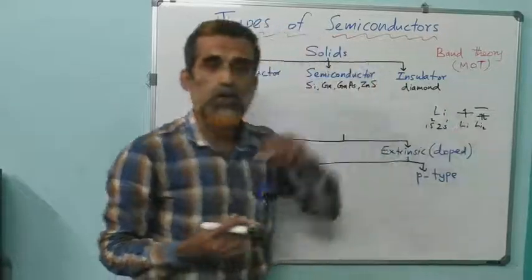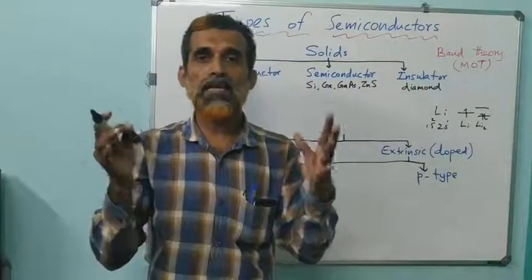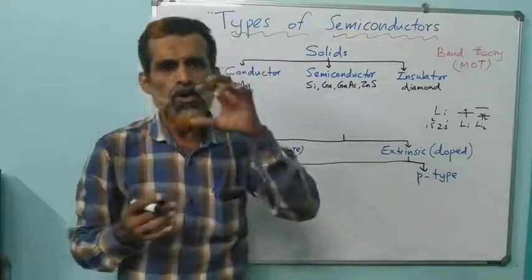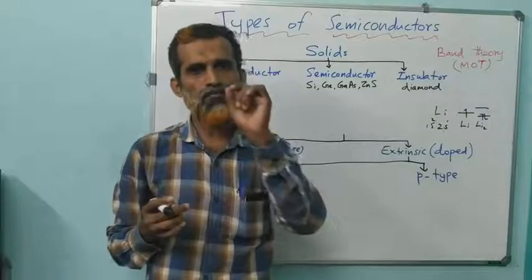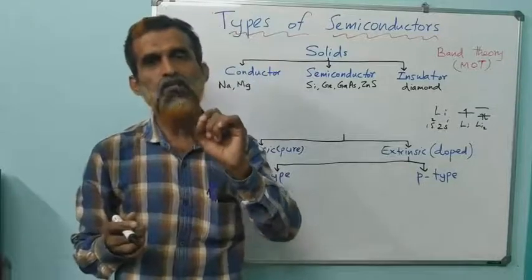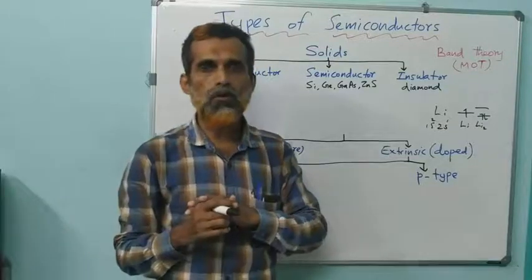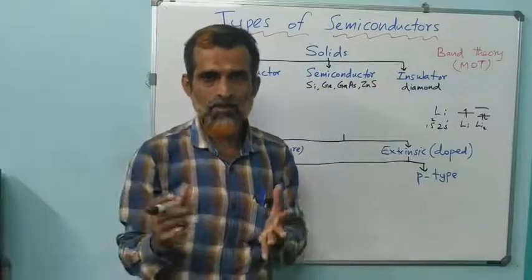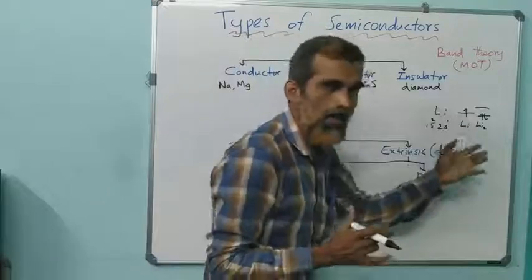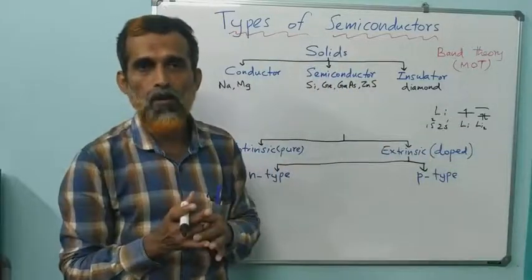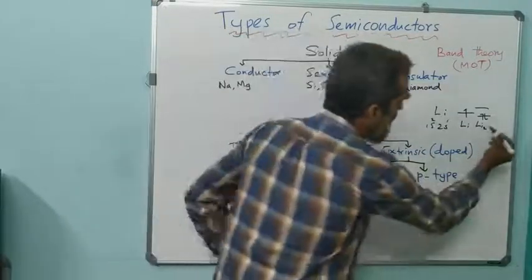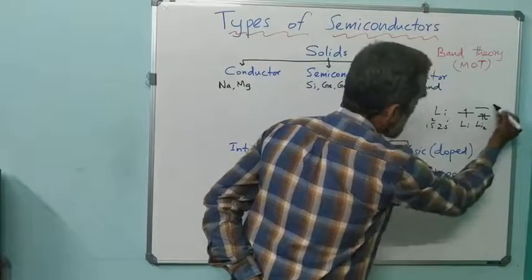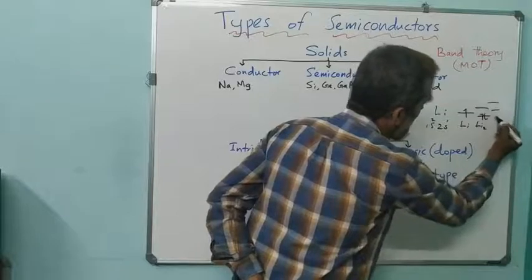In the case of a solid, we know that it is an aggregation of so many atoms, close packing of atoms. So the atomic orbital of one atom is influenced by so many atomic orbitals of all atoms around it. So many AOs will be there to combine, forming many MOs. In the case of Li3, if you suppose, it will be something like this.